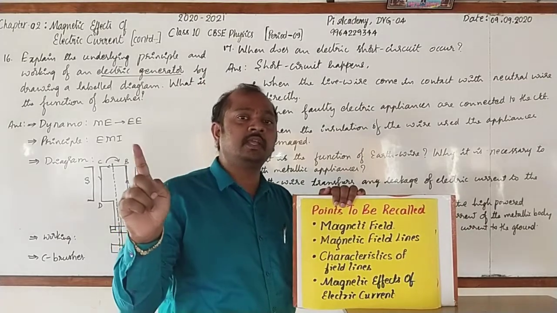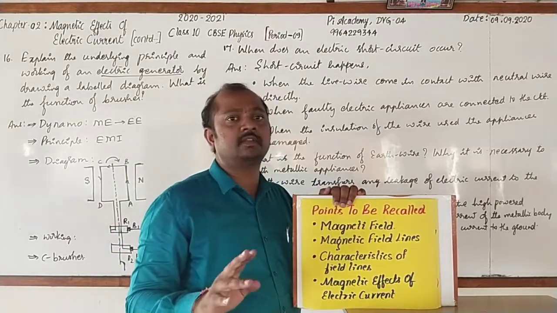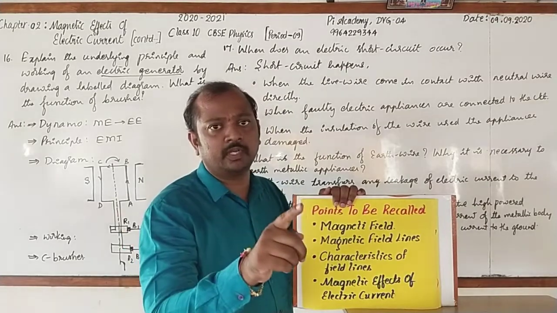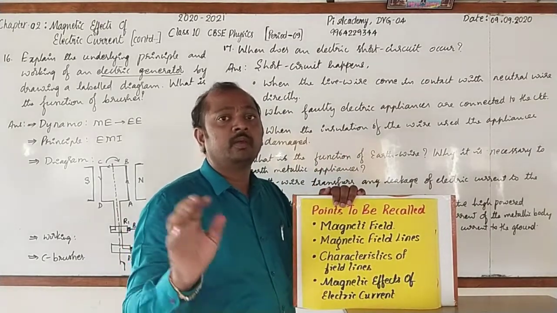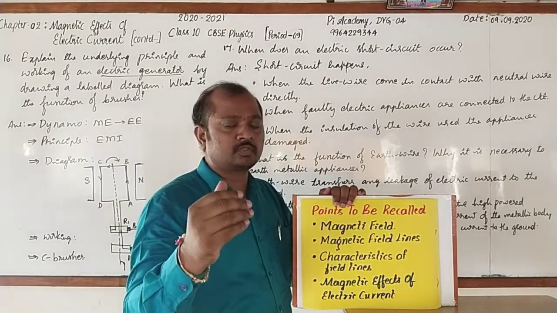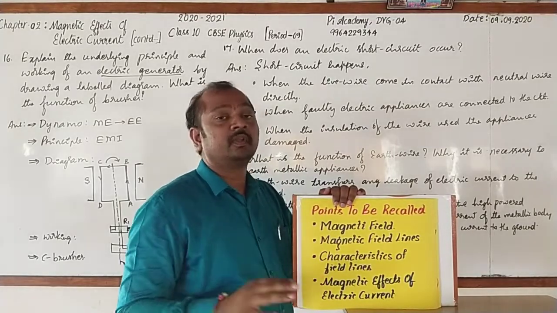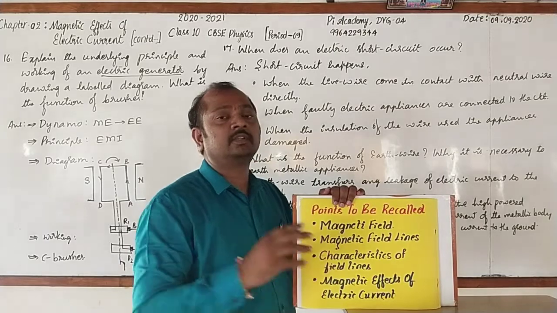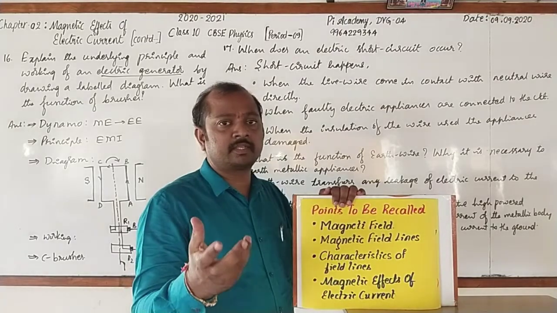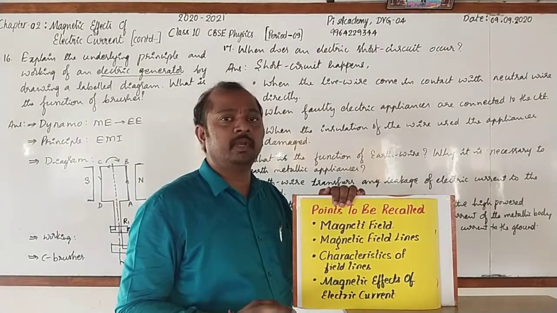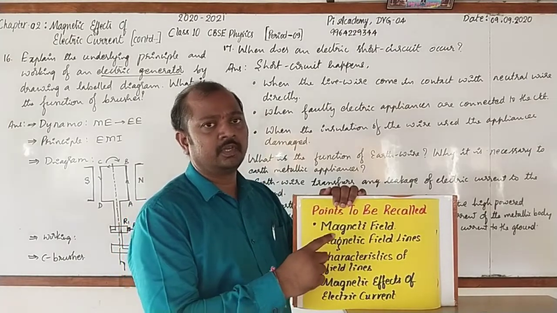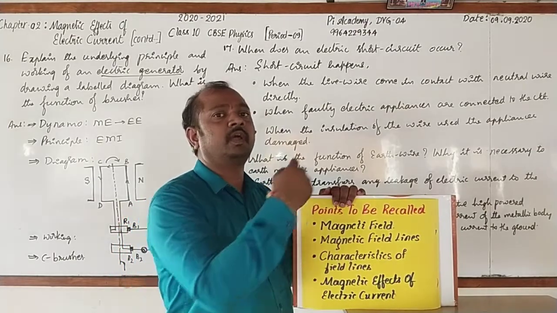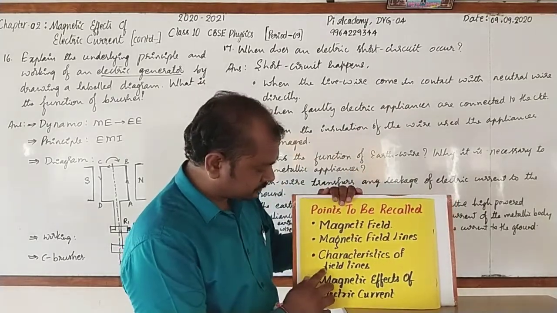One is that the lines of force do not intersect each other. Second, they can penetrate through materials like glass, paper, bone, mud, stone, wood and all. Third, the lines of force exist maximum at the poles than at the middle. And fourth, conventionally the lines of force start from the north pole and end at the south pole.